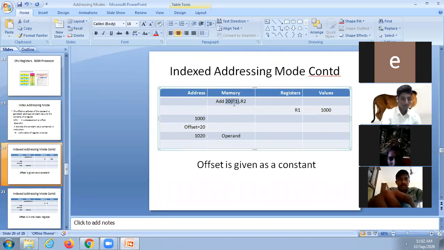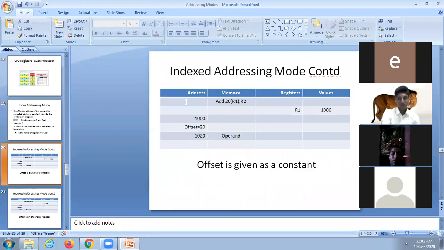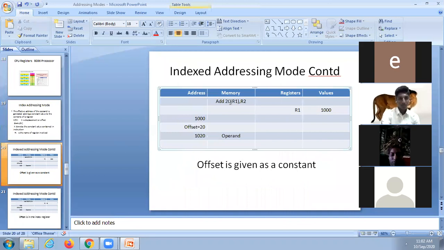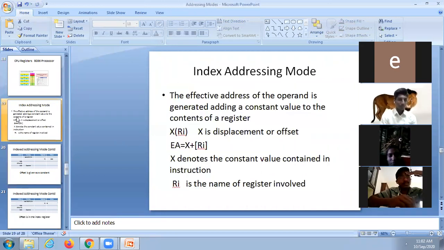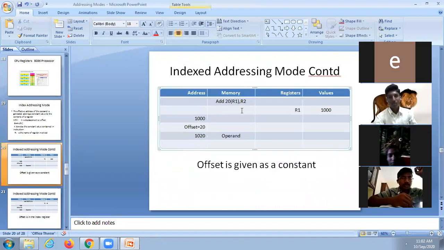This operand uses the index addressing mode. It means that 20 is the direct value, that is X here. 20 of Ri, where 20 is the X. Here X of Ri, 20 of R1, means Ri is R1 here, X is 20.